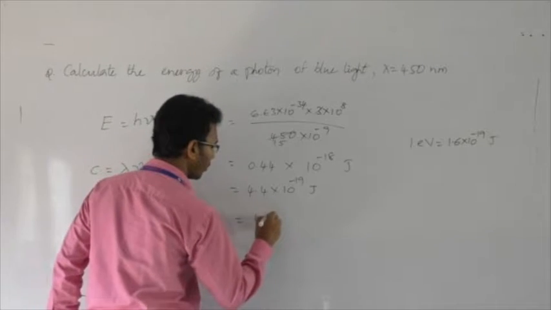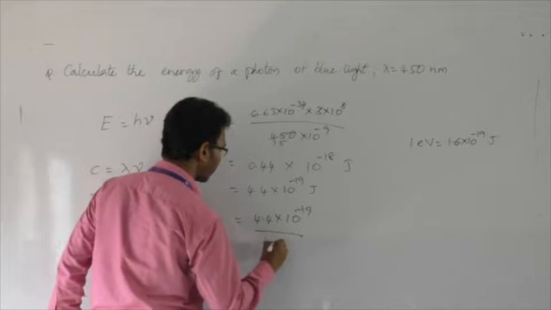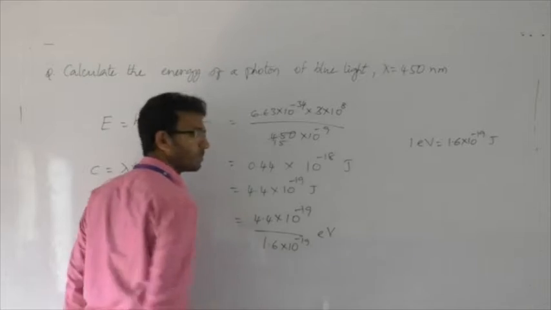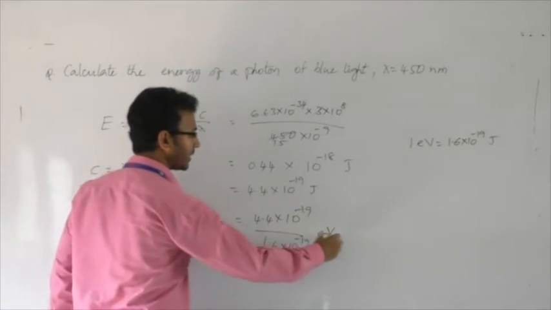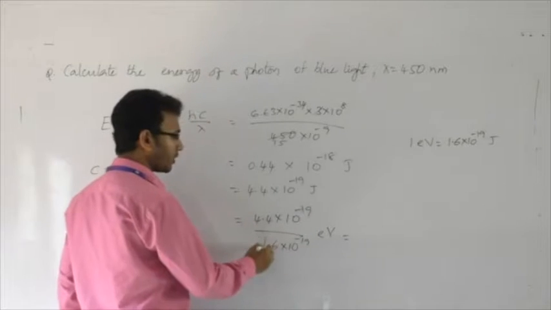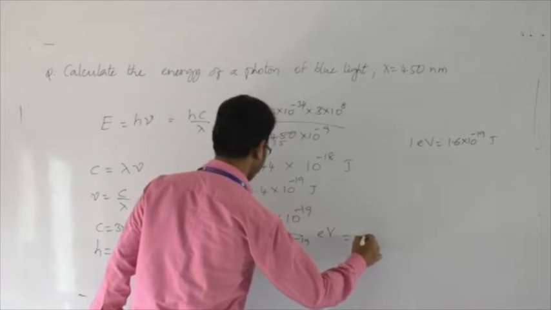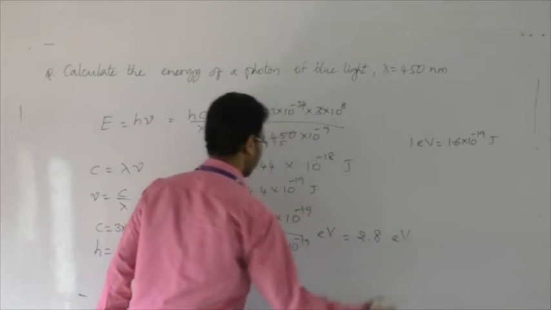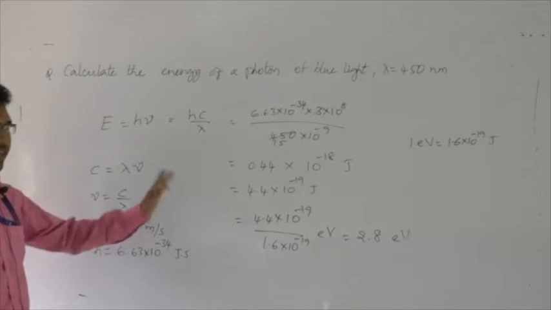This becomes 4.4 into 10 power minus 19 divided by 1.6 into 10 power minus 19 electron volt. The 10 power minus 19 cancels out. 4.4 by 1.6 is almost 2.8, roughly 2.8 electron volts. So this is how we calculate the value of energy.